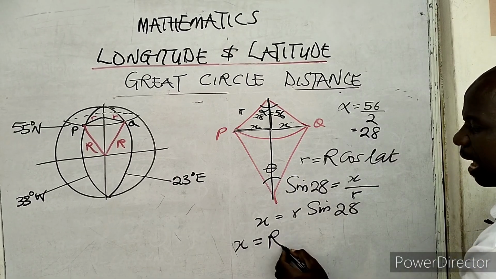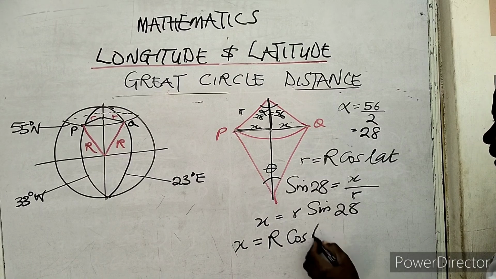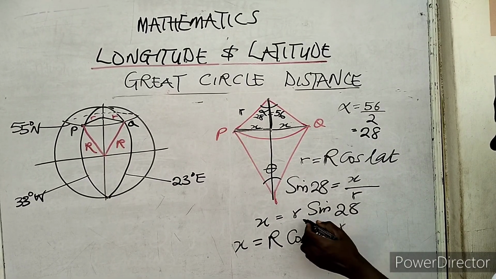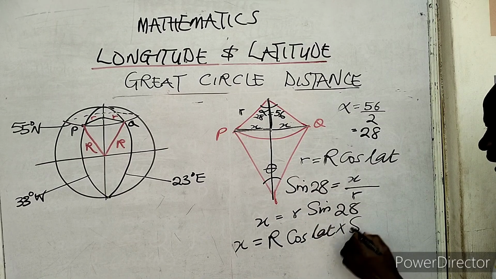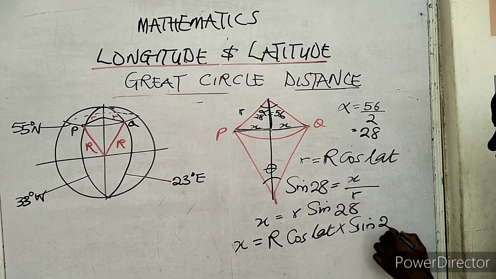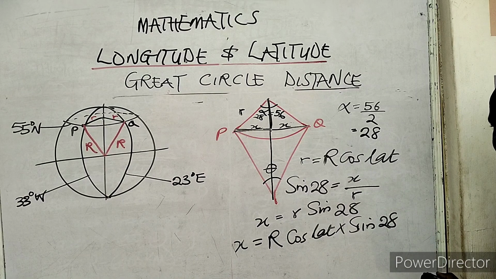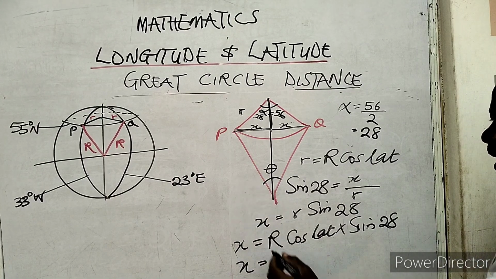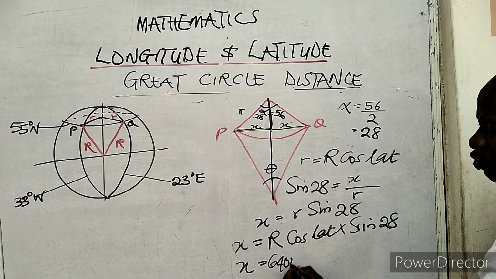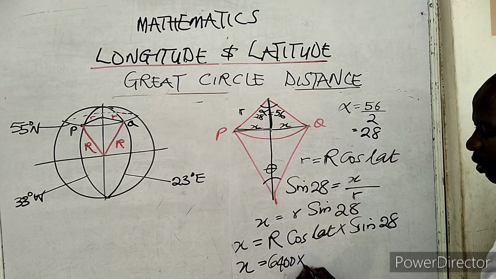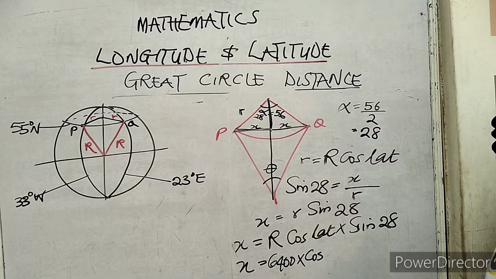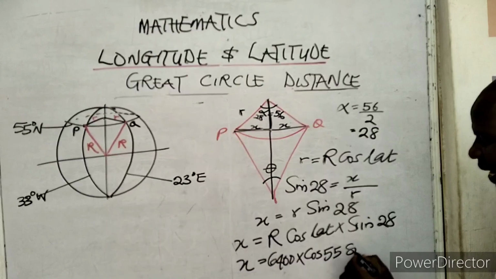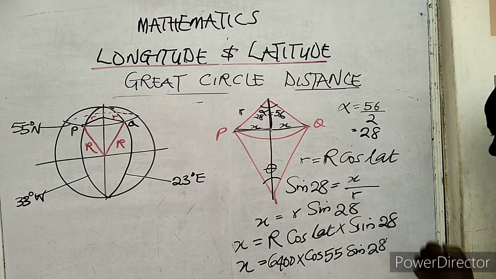But what's my small r? r is going to be big R cos latitude, times sine 28. Now this will give me x is equal to, what is my R? We can take it to be 6400 cos latitude. What's my latitude? 55. Times sine 28.